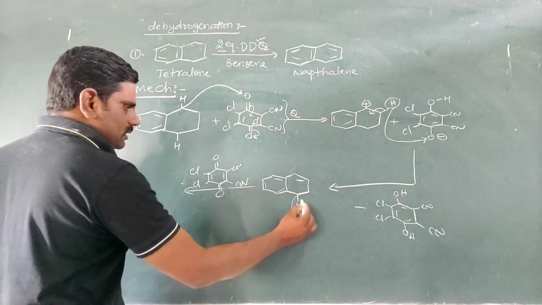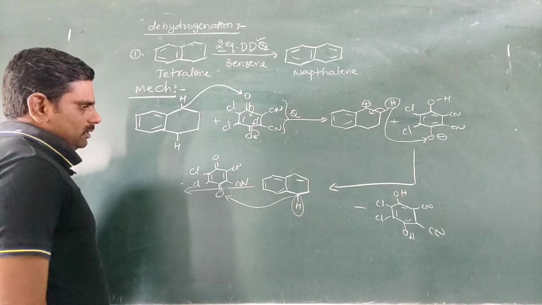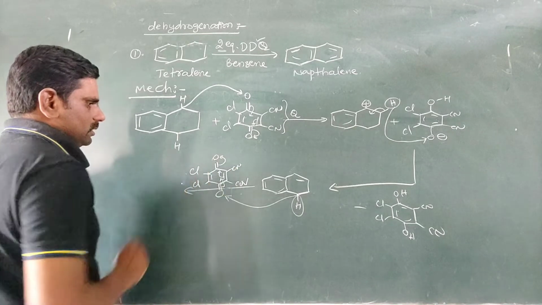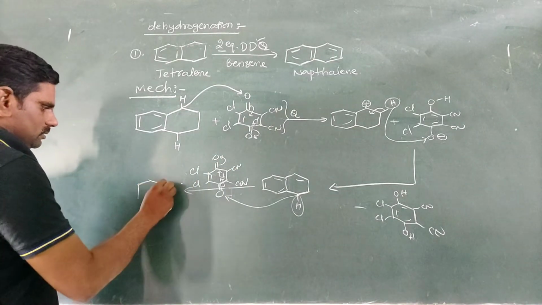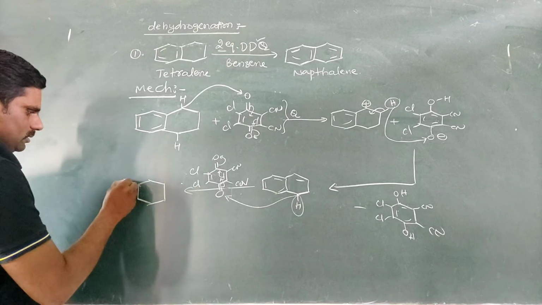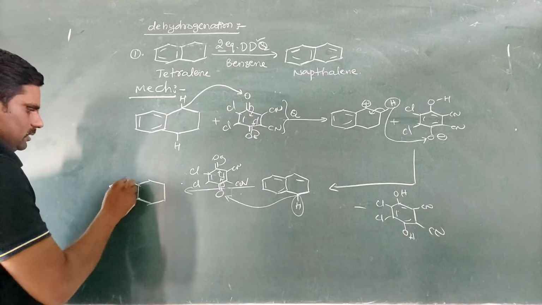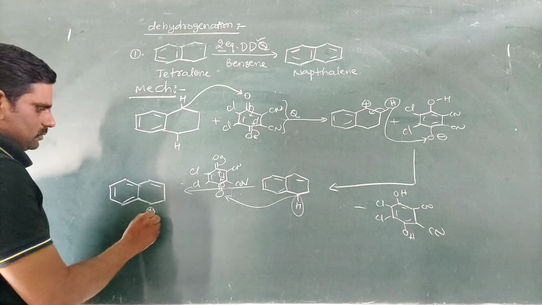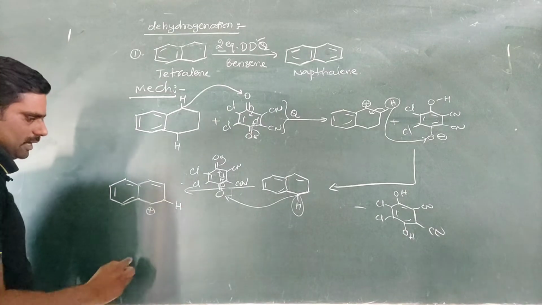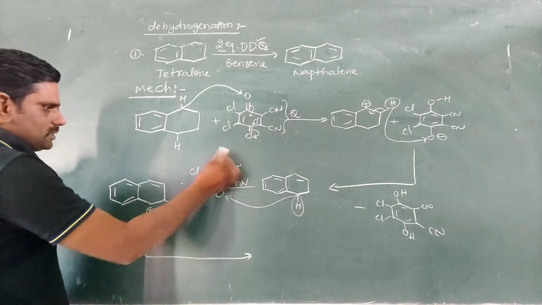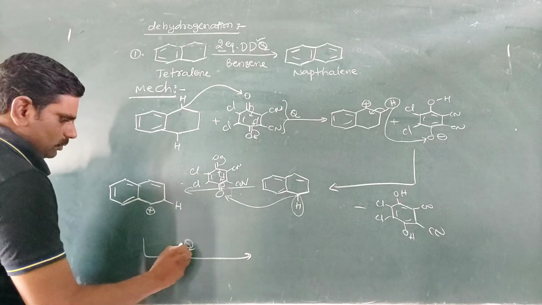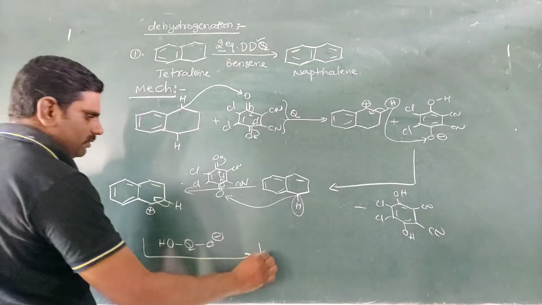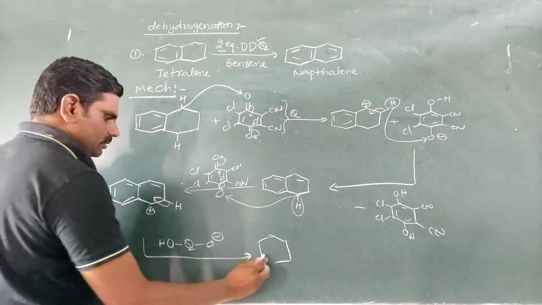It abstracts from the benzylic position, and a positive charge is formed there. And now see, I write the main product. These are fixed double bonds with respect to this mechanism, and the positive charge is there, and the adjacent sp3 hydrogen is there. Now this molecule I write as Q, OH, O-. Here what happens, students? The double bond is again formed like this.